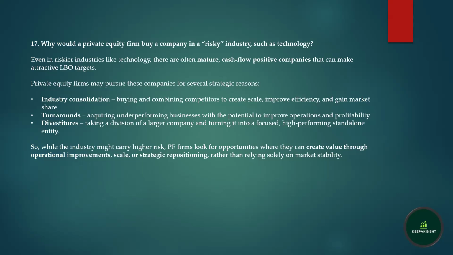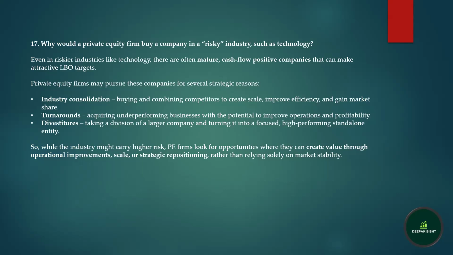So the first point would be market growth potential. Technology is inherently innovative and high growth, even though it can be volatile. Many private equity firms are attracted to tech companies because of the potential for exponential growth. For example, if a company is in an emerging or rapidly evolving market, it could see substantial upside over a relatively short period.